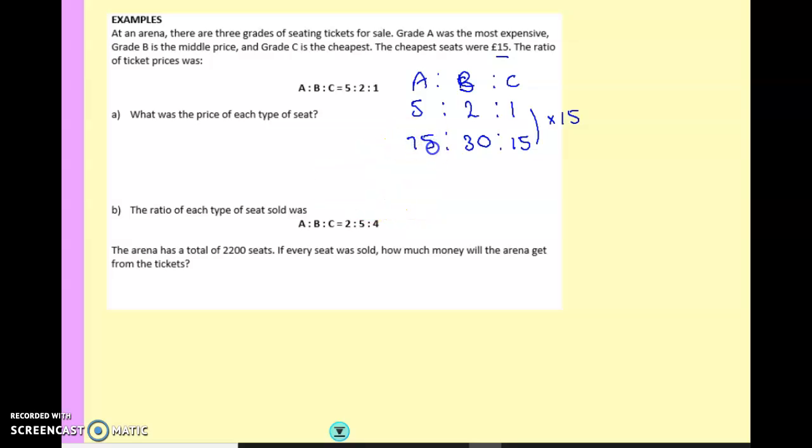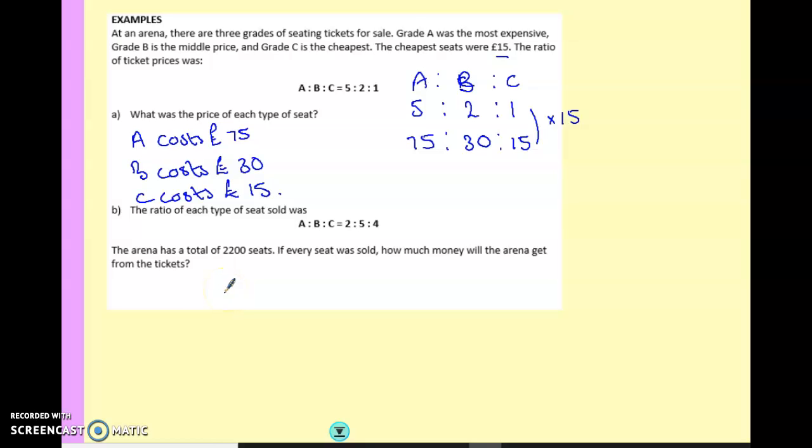Sorry, brain being a bit slow there. And then make sure that we answer the question. So A costs £75. B costs £30. And C costs £15. Okay, part B.